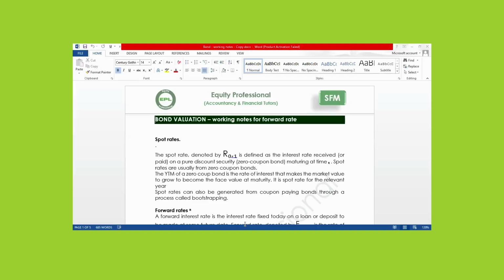This class is strategic financial management, professional level. So please excuse the class if you are not at professional level.